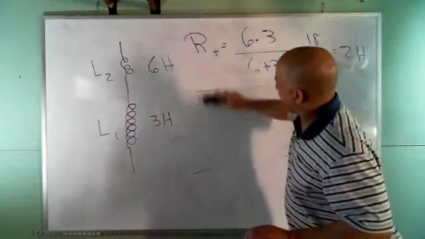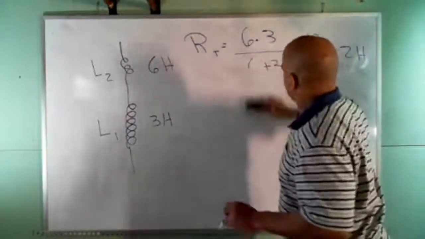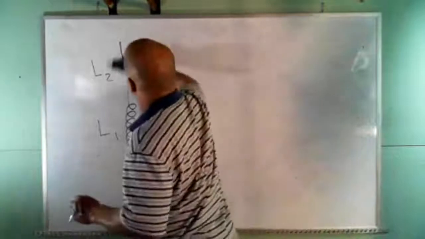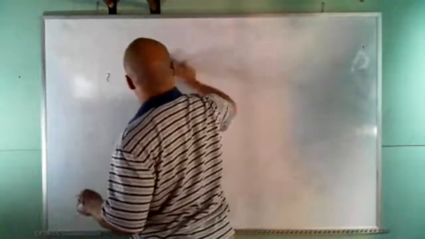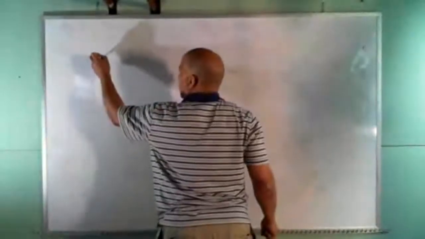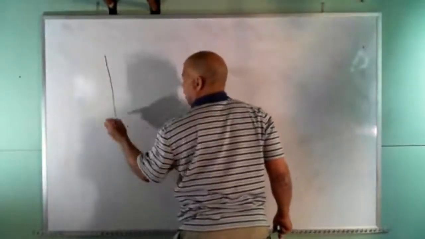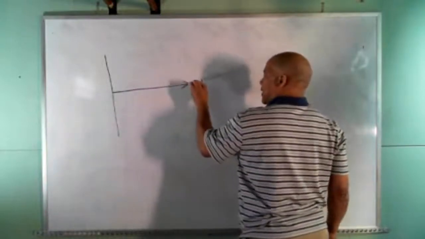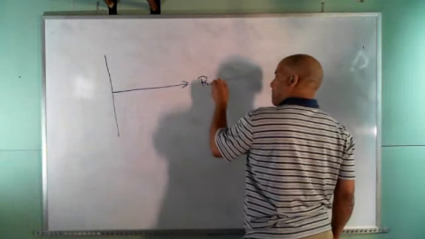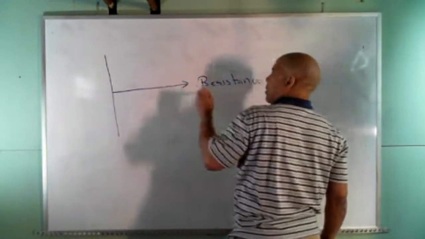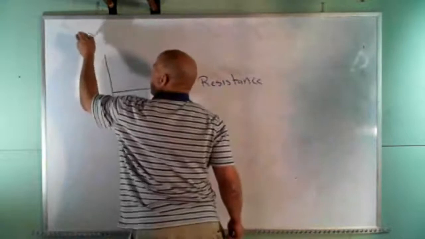The first thing to note is to go back to our impedance diagram and remember where the inductance exists. If I redraw it, you know that this is resistance, and this is reactance.